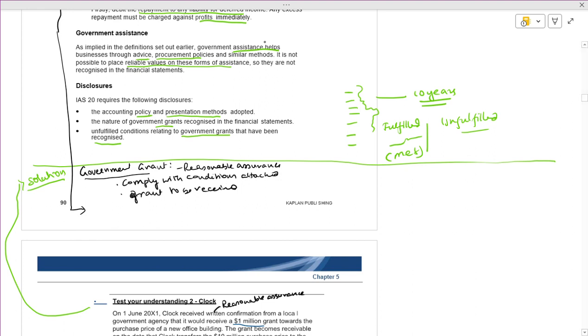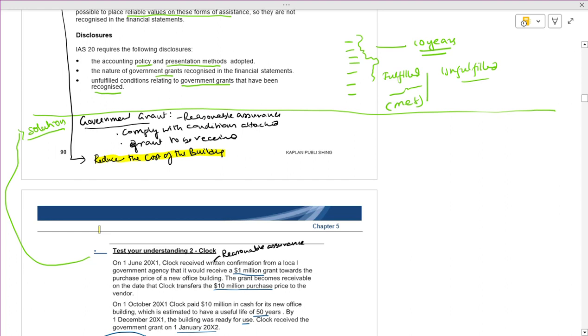Now, reduce the cost of the building. How much is the building cost? The building cost is 10 million.